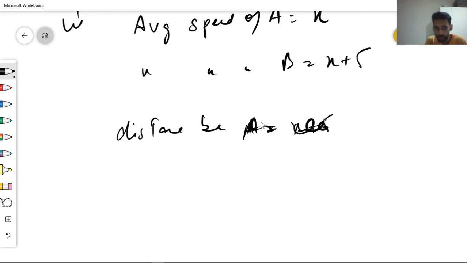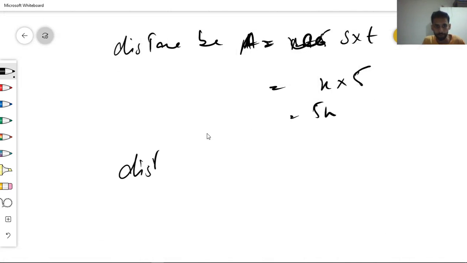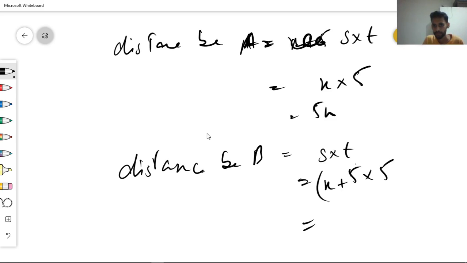Distance formula: speed is equal to distance divided by time, so distance will be speed into time. Speed of A is x and the time is 5, so 5x, and distance by B will be speed into time, so x plus 5 into 5, so it will be 5x plus 25.